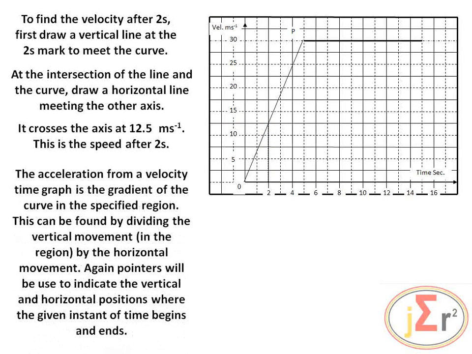The acceleration from a velocity time graph is the gradient of the curve in the specified region. This can be found by dividing the vertical movement in the region by the horizontal movement. Again, pointers will be used to indicate the vertical and horizontal positions where the given instant of time begins and ends.